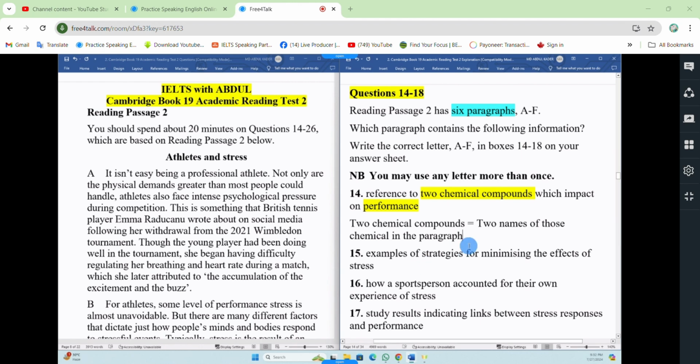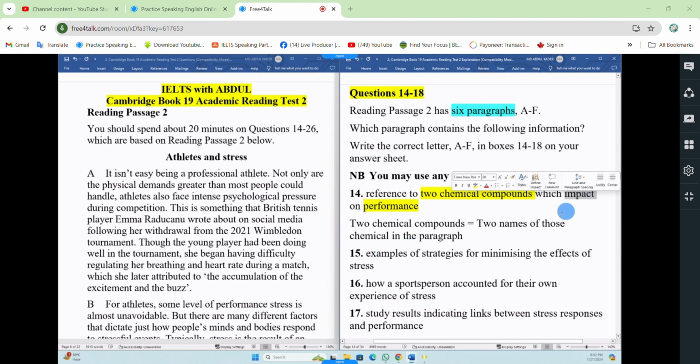Otherwise it is quite impossible to find the correct answer, because generally in our IELTS reading test the writer won't give us the same words in the paragraph. Instead of two chemical compounds, we'll have two names of those chemicals in the paragraph.